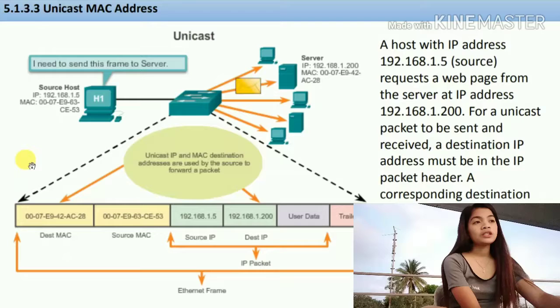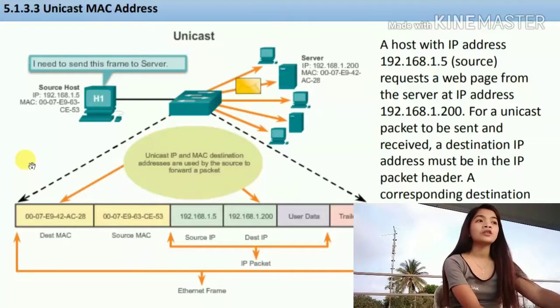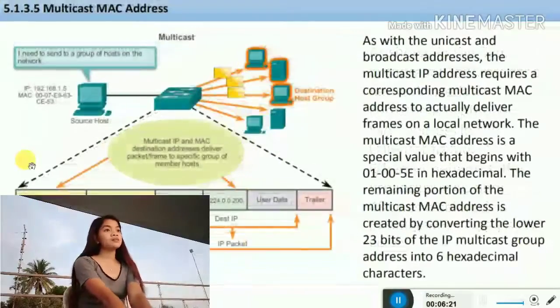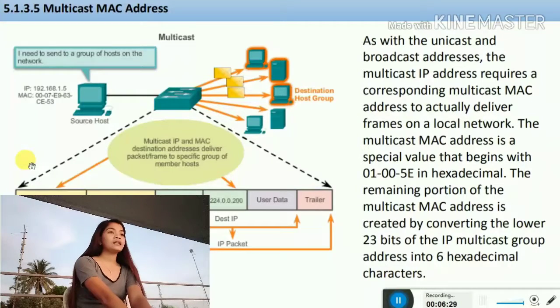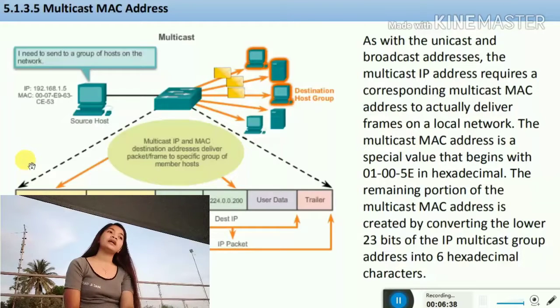As with the unicast and broadcast addresses, the multicast IP address requires a corresponding multicast MAC address to actually deliver frames on a local network. The multicast MAC address is a special value that begins with 01-00-5E in hexadecimal.